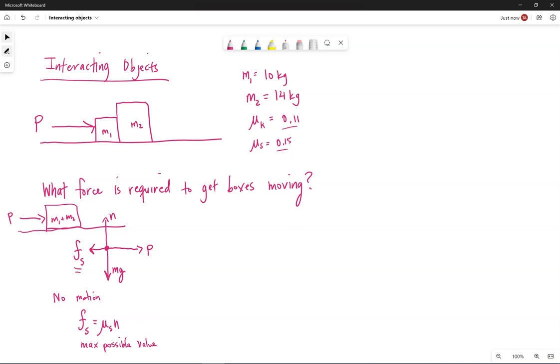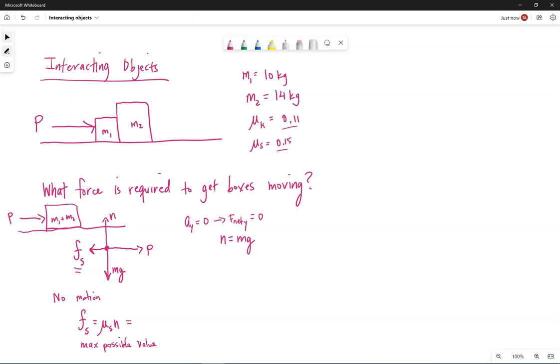We know the boxes are sliding along the floor horizontally. We know there's no acceleration in the y direction. So we know there has to be no net force in the y direction. With only those two forces, the normal force needs to balance out the force of gravity. If there were additional forces that had y components, we would need to account for those. But in this situation, the normal force will equal mg.